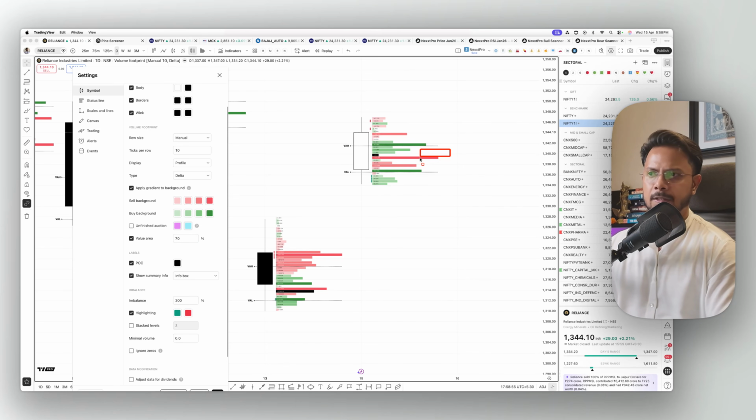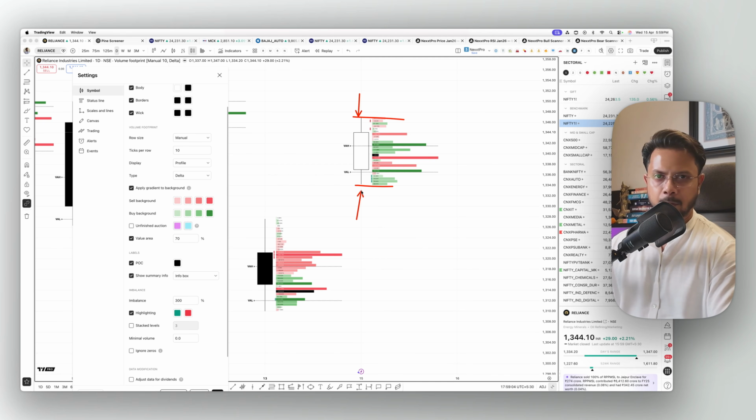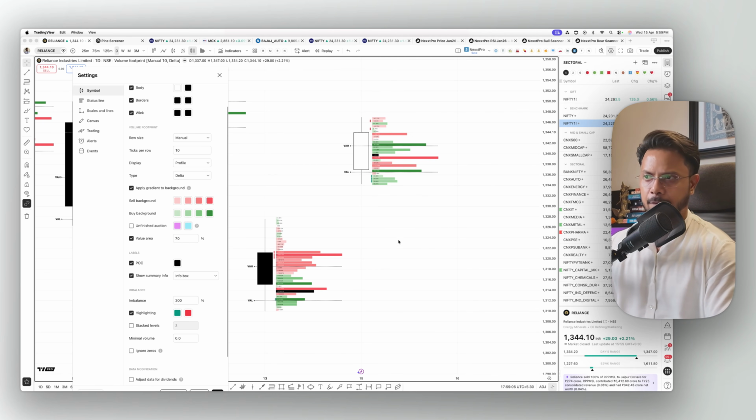You can make it 50%, 30%, or 100%. It's up to you. If you make it 100%, the entire thing will get shaded, that is, VAH will be at the top and VAL at the bottom. That doesn't make sense. 70% is fine, which means that the maximum of today's volume happened here, and the majority of previous days' volumes happened here, etc.